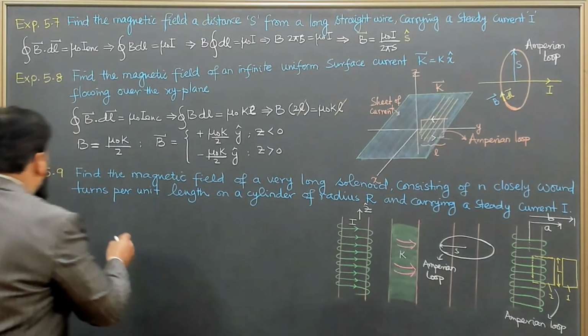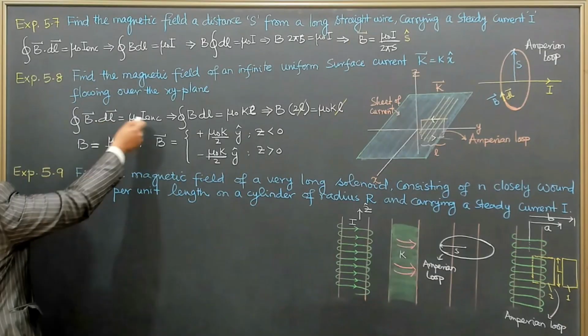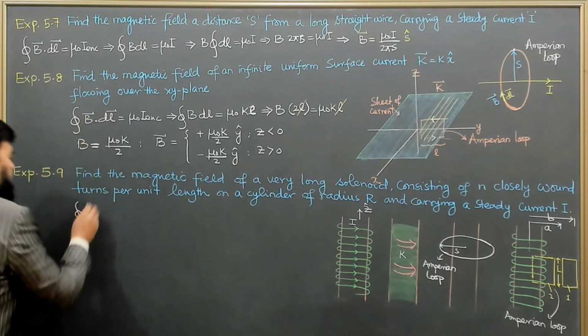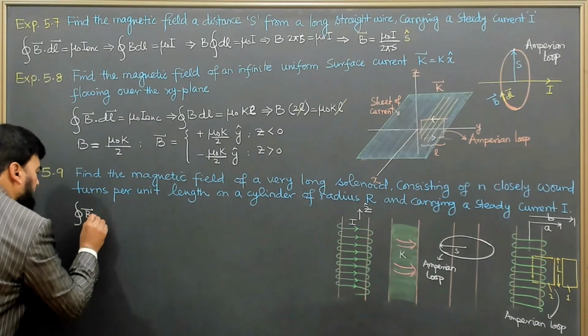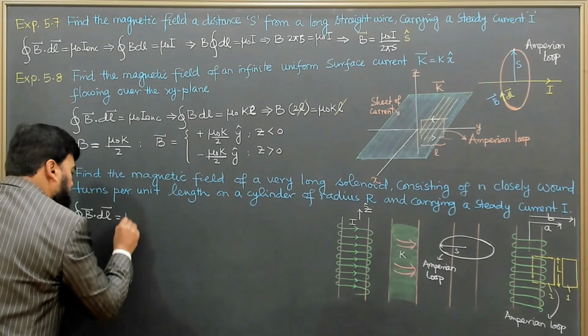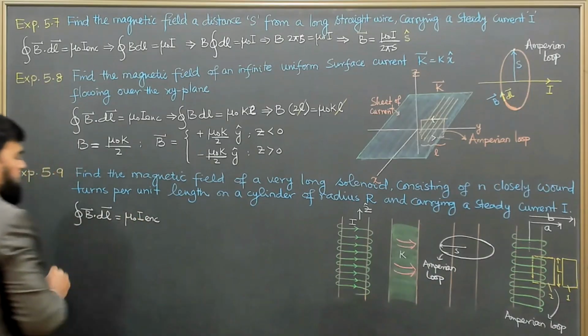We can write Ampere's law: on a closed loop, the integral of B dot dl is equal to mu naught times the enclosed current.